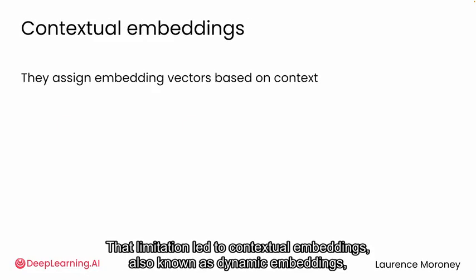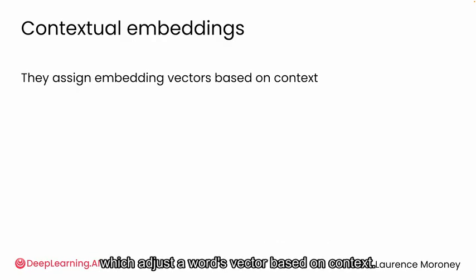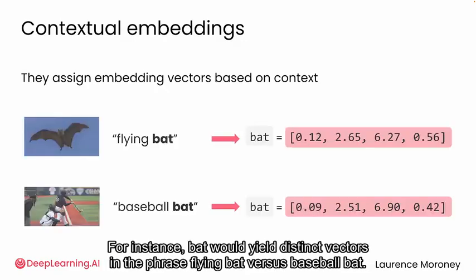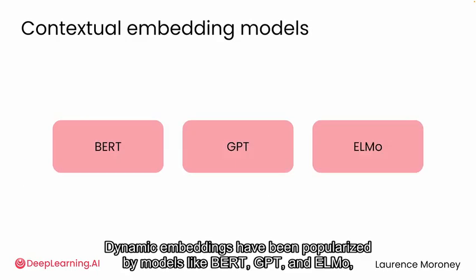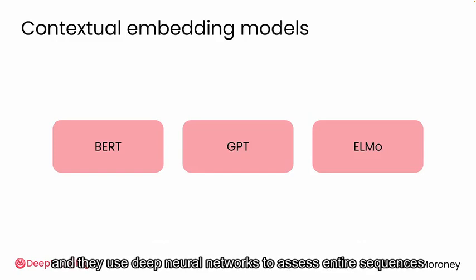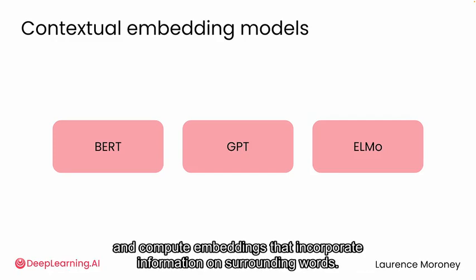That limitation led to contextual embeddings, also known as dynamic embeddings, which adjust a word's vector based on context. For instance, bat would yield distinct vectors in the phrase flying bat versus baseball bat. Dynamic embeddings have been popularized by models like BERT, GPT, and ELMo, and they use deep neural networks to assess entire sequences and compute embeddings that incorporate information on surrounding words.